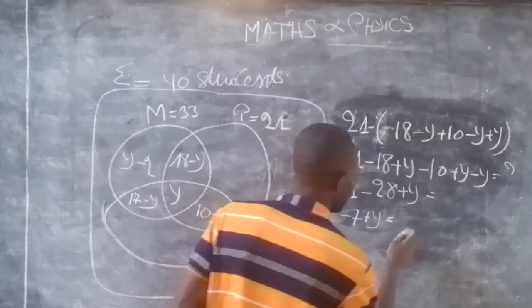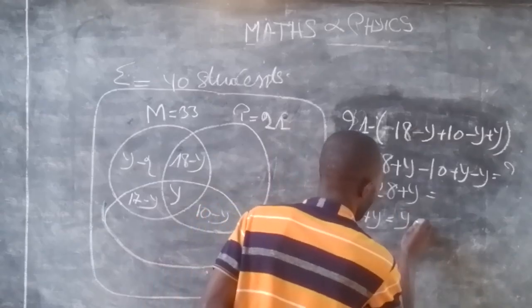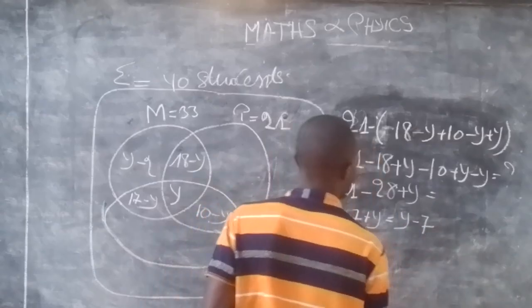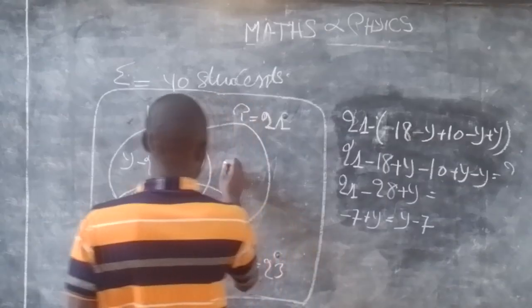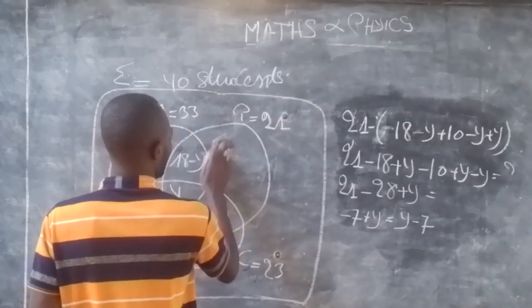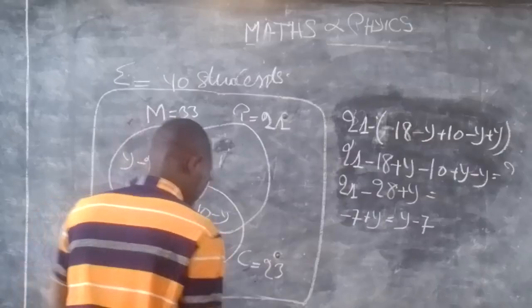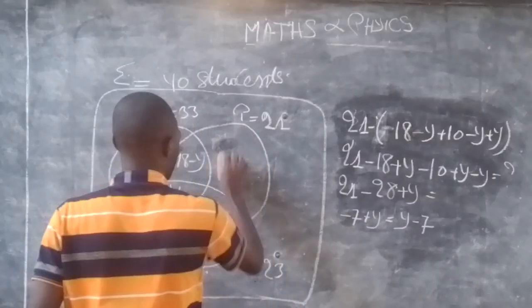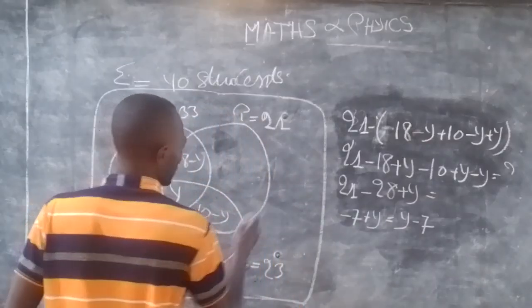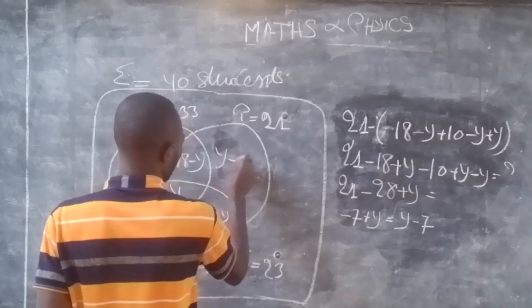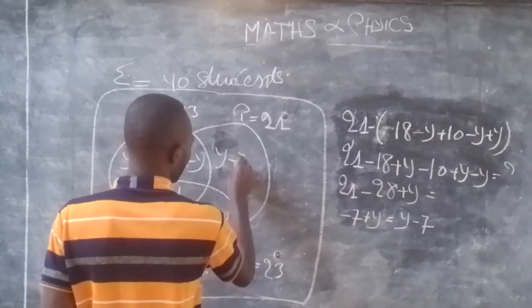This is also the same as y negative 7. This is the equation for physics: y negative 7.